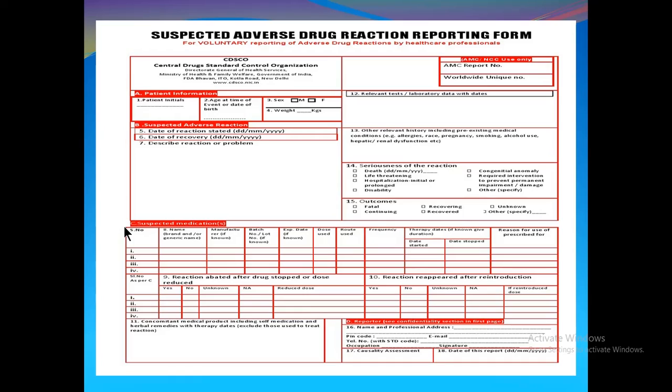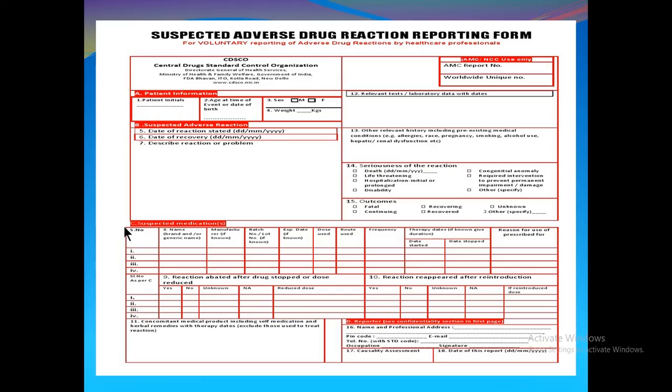Point 11 demands details about self-medication and herbal remedies used by the patient or complaints other than adverse drug reaction. In point 12, details about relevant tests and investigation reports with their dates, such as blood and urine test reports, ECG reports, radiological findings like X-rays, ultrasound, MRI, CT scan, etc., have to be filled in.